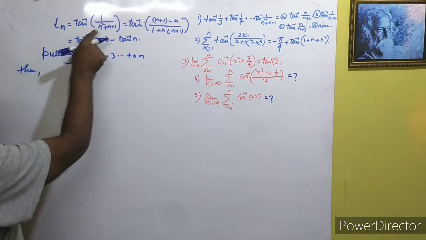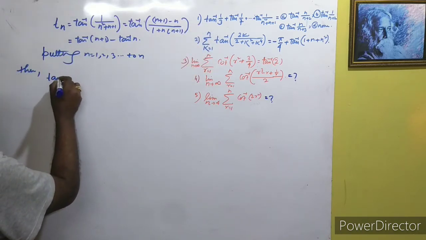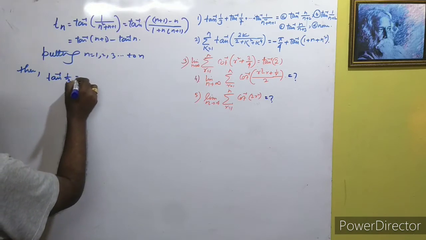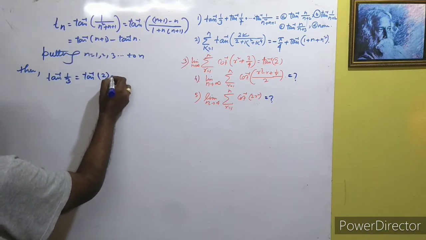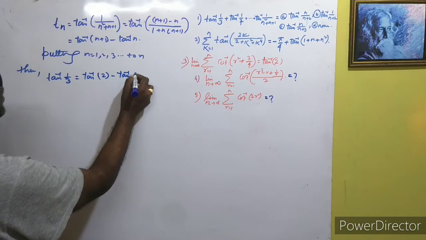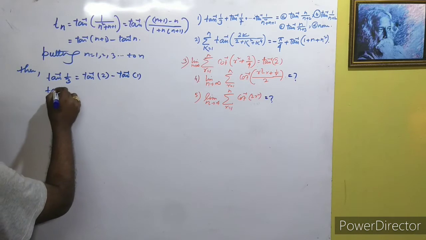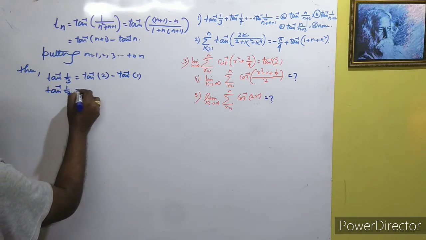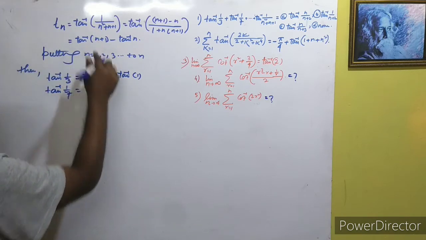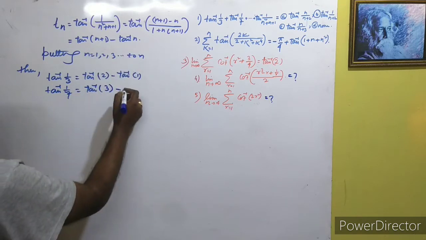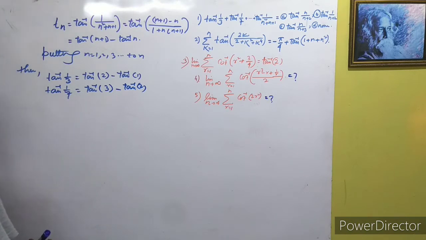If you put 1, then you get tan inverse 1/3, so tan inverse 1/3 is equal to tan inverse 2 minus tan inverse 1. If we put 2 here, then we get 1/7, so tan inverse 1/7 is equal to tan inverse 3 minus tan inverse 2, and so on.